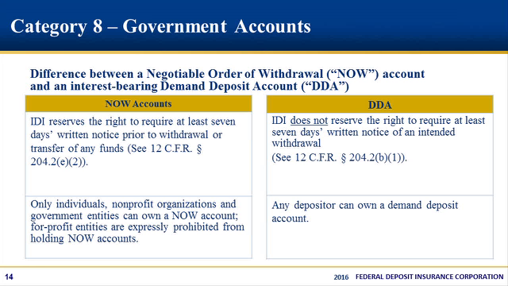Understanding the distinction between interest-bearing demand deposit accounts and NOW accounts is critical for deposit insurance coverage under Category 8 government accounts. For purposes of deposit insurance, NOW accounts are considered savings accounts and will not be classified as interest-bearing demand deposit accounts.